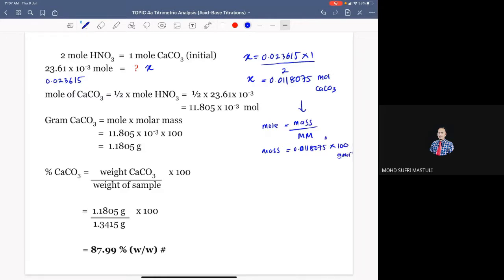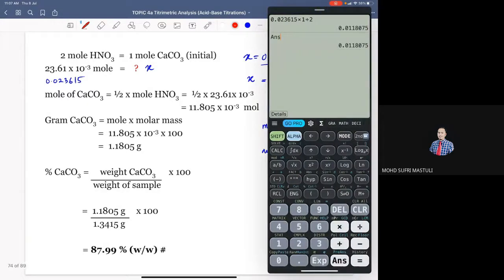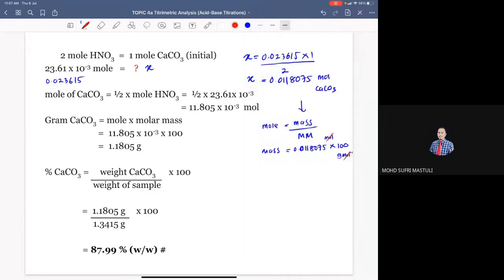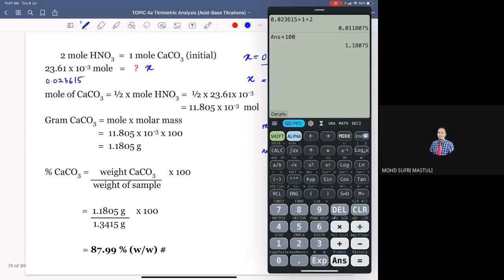This one is a mole, so you can cancel the mole in the mole. You can obtain the answer times 100, 1.18. How many gram? 1.1875 gram.